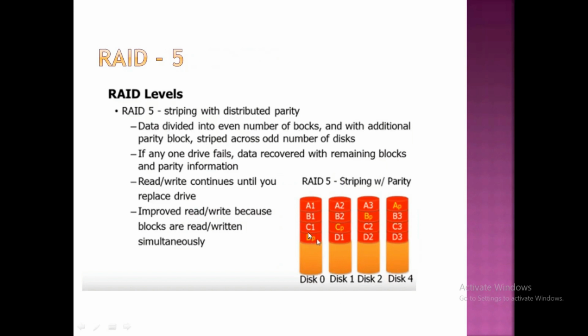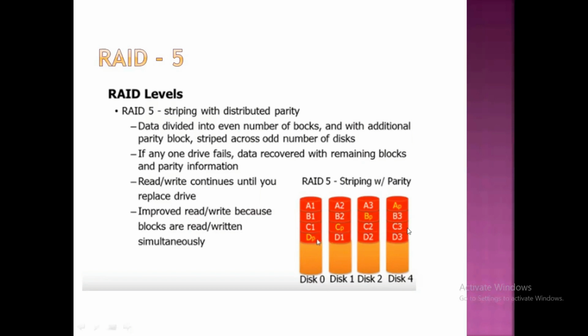For example, here I have A1, B1 and C1. For the A1, you will have the blocks in a different way, and here you have the parity block. This will have all the A data, the parity data. Then C1, C2, C3 will be on a different disk.